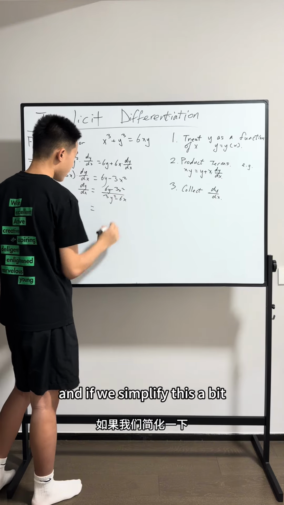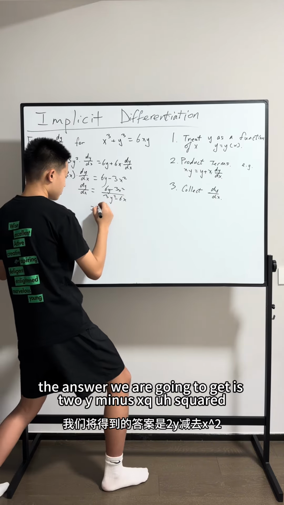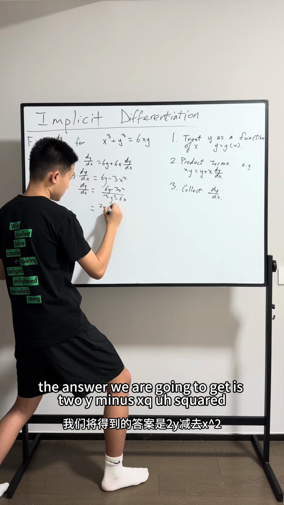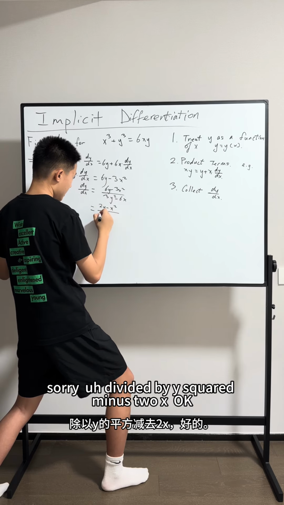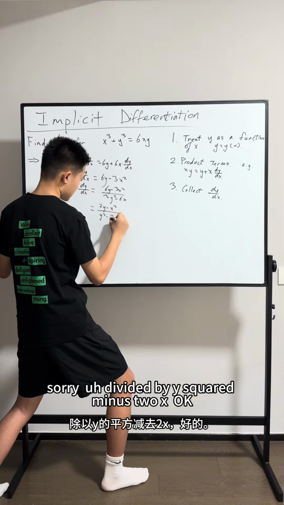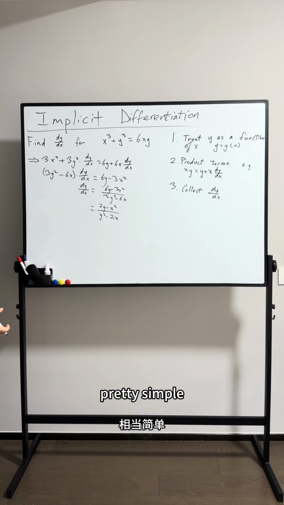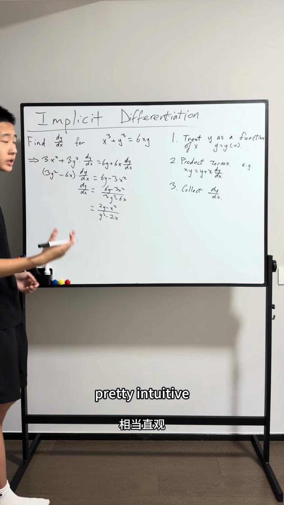If we simplify this a bit, the answer we get is 2y minus x squared, divided by y squared minus 2x. Okay, pretty simple, pretty intuitive.